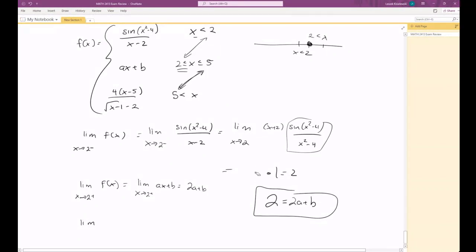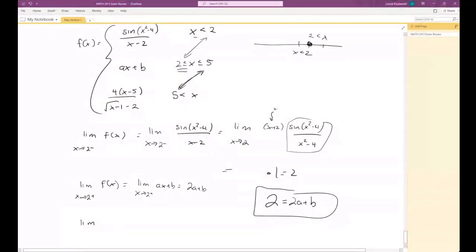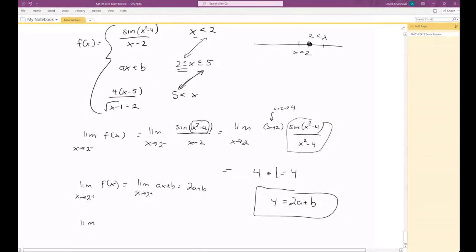Oh, somebody mentioned in chat that as x goes to 2, x plus 2 will go to 4. Thank you. That's a good point. I have a quick question. What about the x plus 2 on the outside? Yeah, so we got that because we're trying to use a special trig limit, and inside our sine function we have x squared minus 4. So on the bottom, we want to see exactly x squared minus 4, so we can use the special limit.